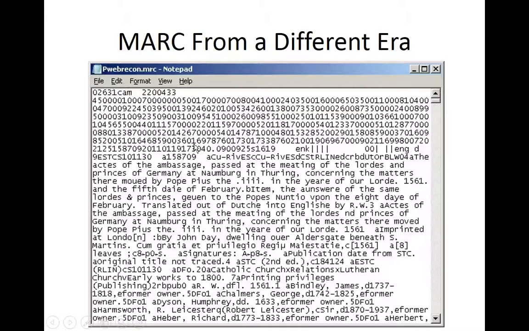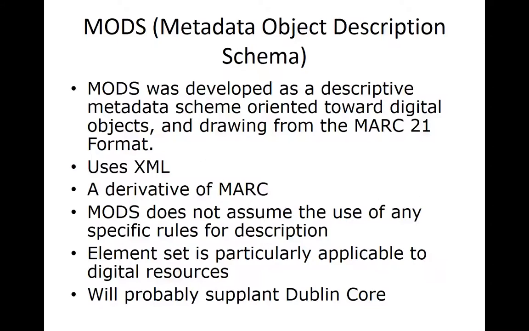Only a computer would need to read this to know what is the title, what is the description, what is the date, what is the library, the LC number, the call number, subject headings, and so forth. So we've had metadata standards for a long time, but they started out actually very cryptic and hard to read.